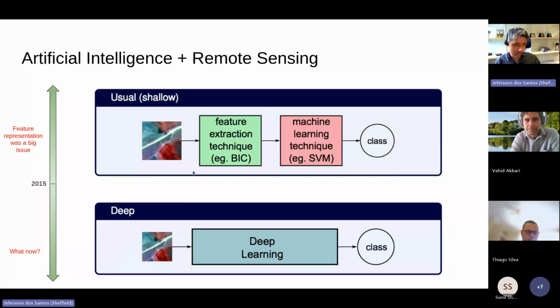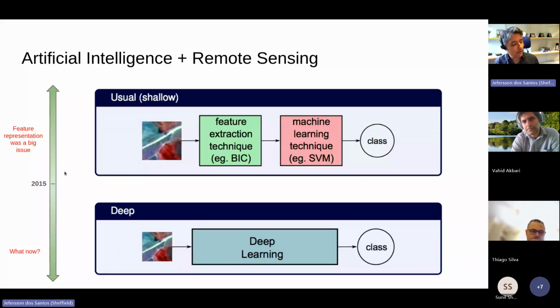This is for image classification. So you receive an image as input, and you'd like to receive a class as output. And the pipeline was composed basically by some feature extraction algorithm and some feature engineering algorithm, something related to texture, some spectral or color combination. And after the feature extraction step, we usually applied some kind of machine learning technique. SVMs were one of the state-of-the-art methods at that stage.